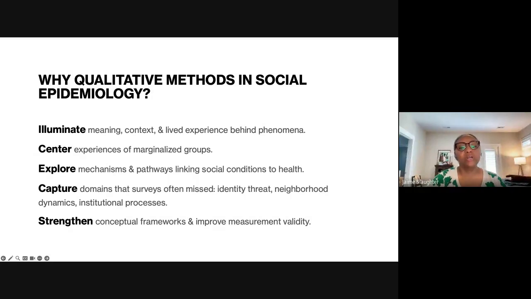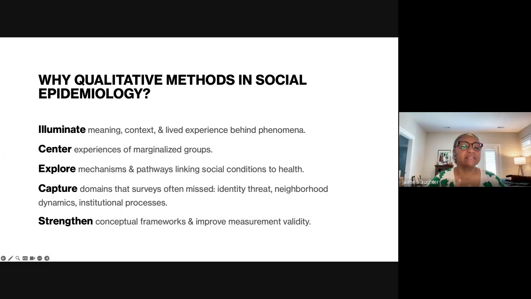And so in quantitative data, they're less likely to be well characterized, because we have to think about sample size when we're trying to do subgroup analyses.